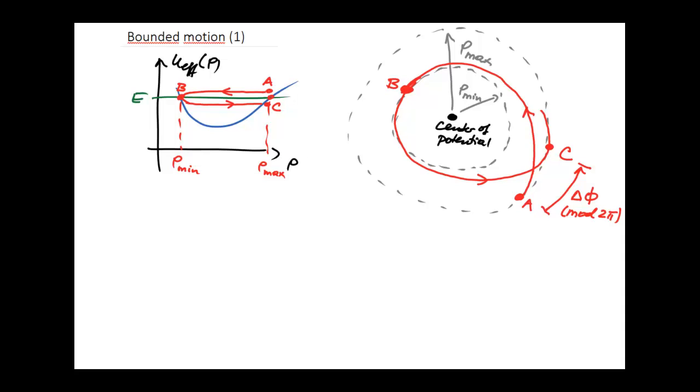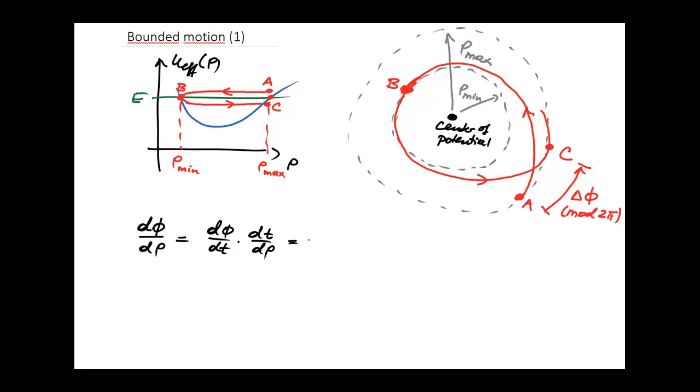Let's first look at a differential equation. Let's look at how the angular coordinate phi changes as the radial coordinate changes. So the derivative of d phi with respect to rho. With the chain rule, we can write that as d phi over dt times dt over d rho.